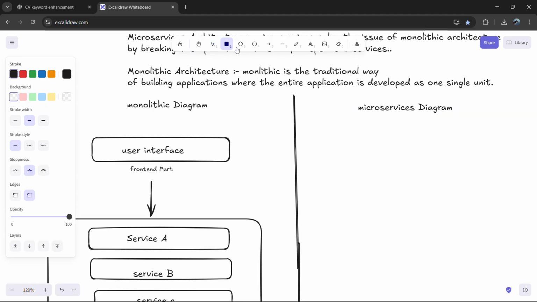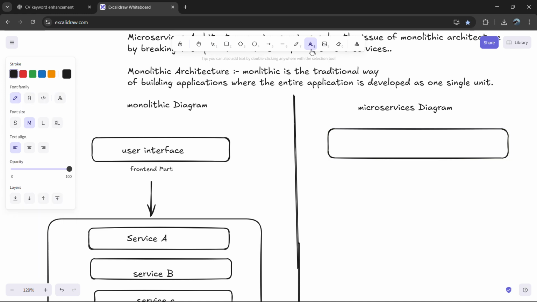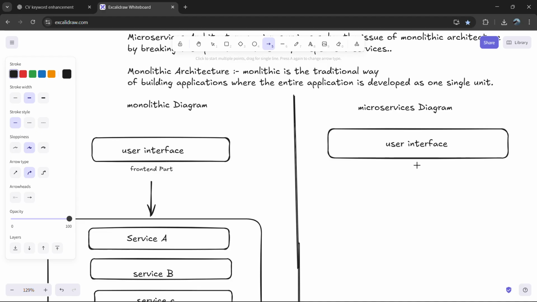In this we will create a user interface, which is nothing but the front end part, and this user interface is connected to our backend system.